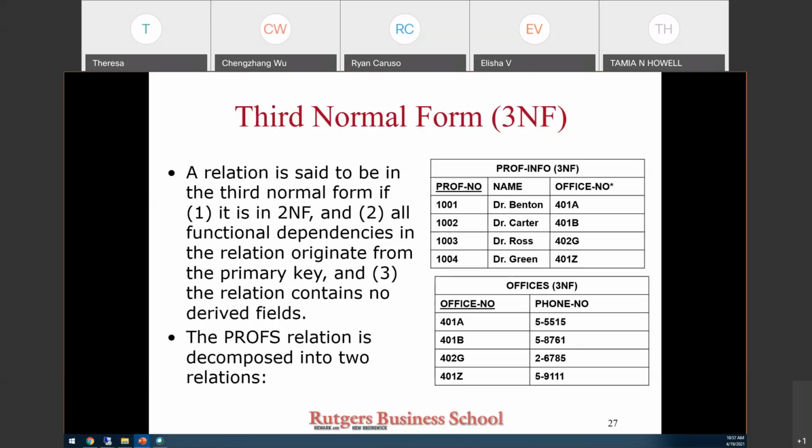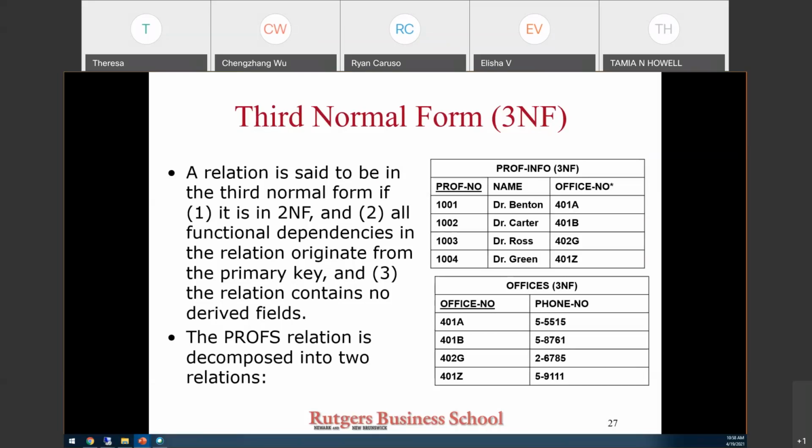Or in other words, there are no transitive dependencies in any relation. An additional requirement imposed from third normal form is the relation should not contain any derived fields.